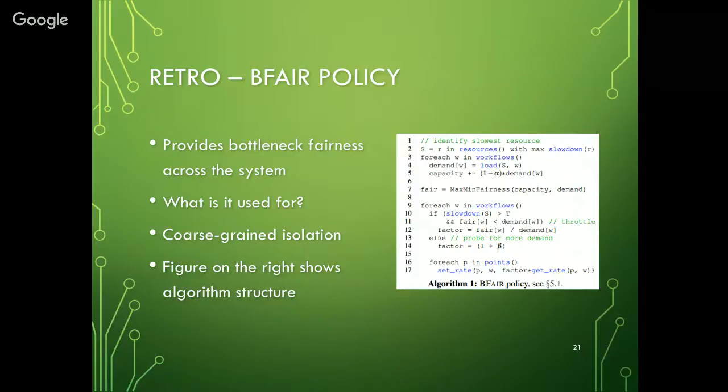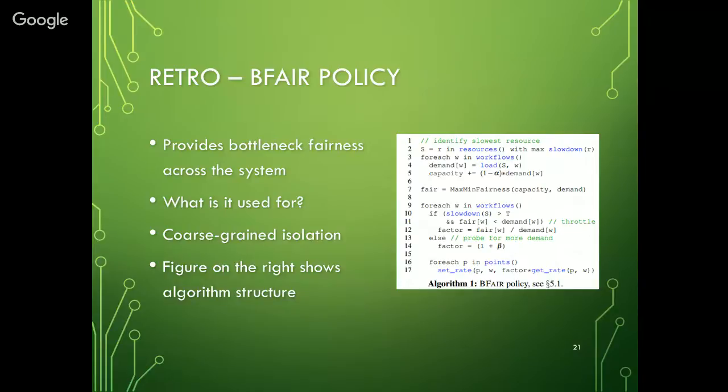So what is the key takeaway of this policy, right? The key takeaway is that the policy considers the slowest resource S, defined previously, to be bottlenecked only if its slowdown is greater than the policy-specific threshold, which is defined in the algorithm.